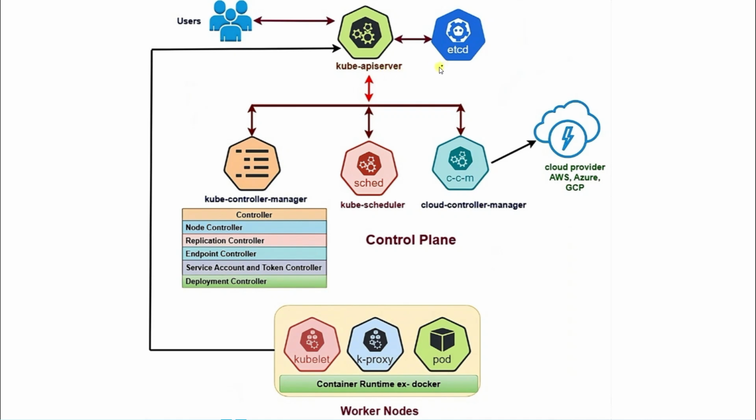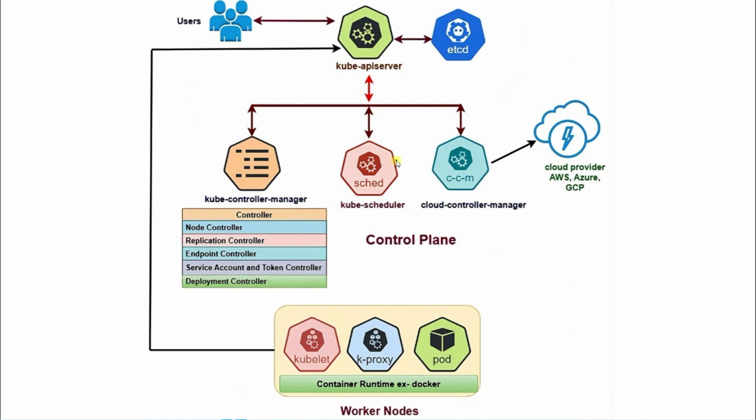Another component here we have is etcd. etcd is a key value store which is generally used for backing up all the state, configuration and metadata of our Kubernetes cluster. In general, it stores the entire configuration data, the state of your Kubernetes cluster, and its metadata. The Kube API server is the only component, as we discussed, that interacts with etcd.